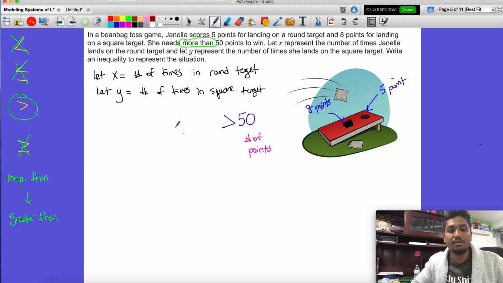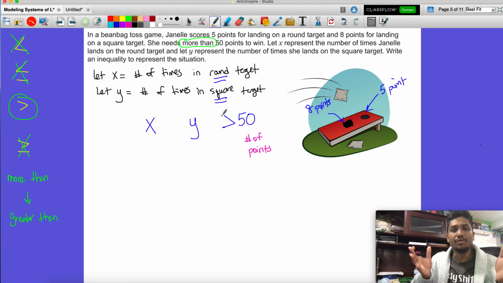Well, you get points either by throwing it in a round target, that's the X, or by throwing it into a square target. It doesn't matter if you throw a couple into the round or a couple into the square. All that matters is that when you add up all the points, they need to be more than 50. So we're going to be adding up.